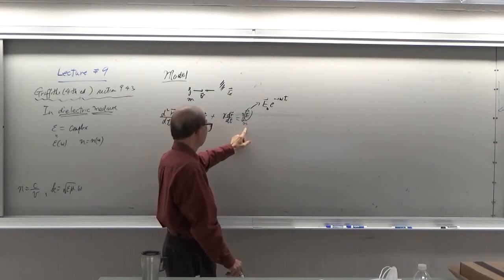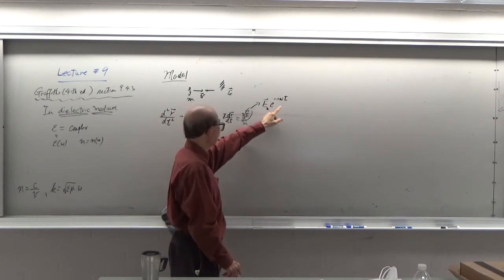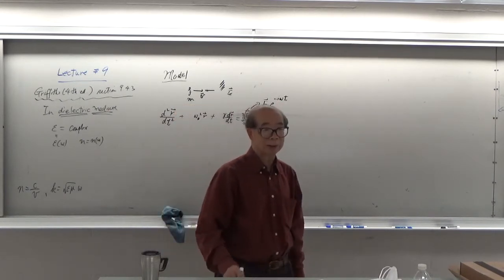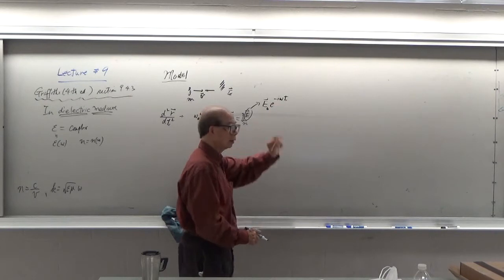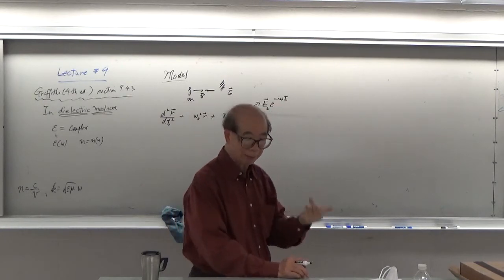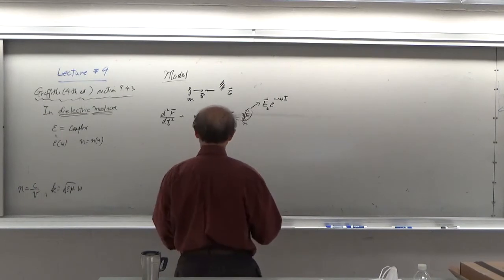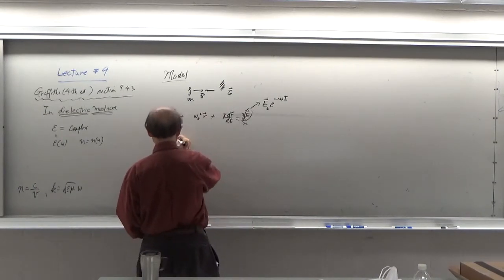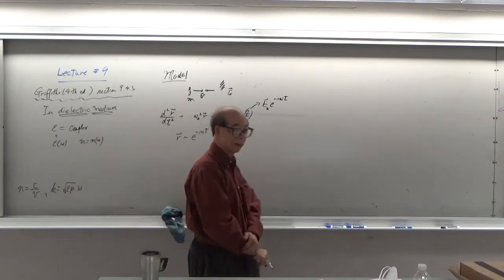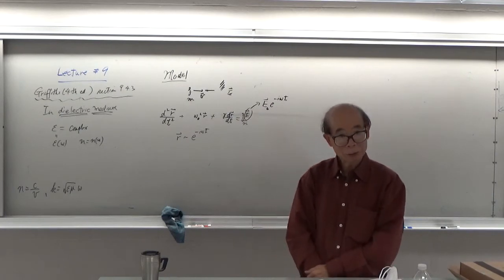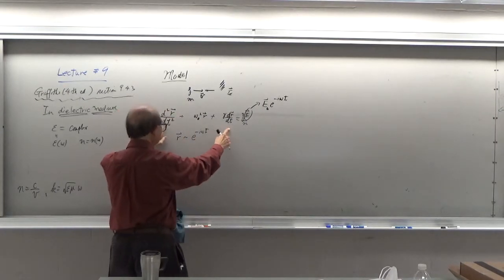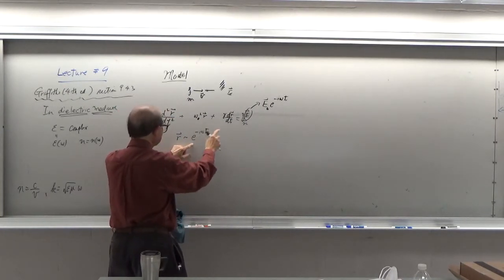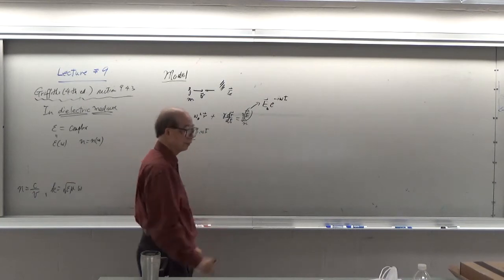Since the driving force depends on time in this manner, you will expect that in the steady state, r will settle to have the same harmonic dependence on time. So you expect in steady state, r will go like e to the minus i omega t for its time dependence. That's a useful observation, because if that is the case, then d by dt acting on this will just bring down a factor of minus i omega.